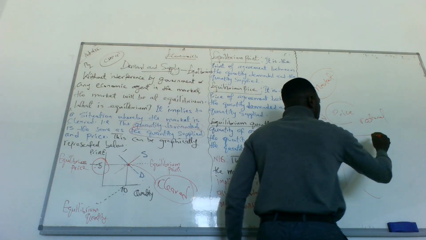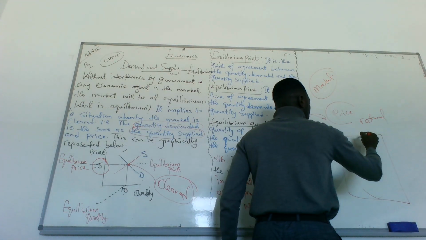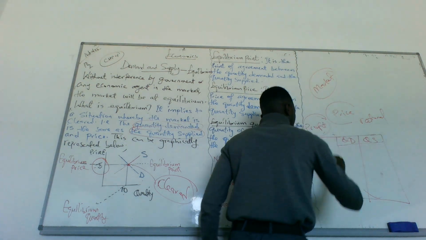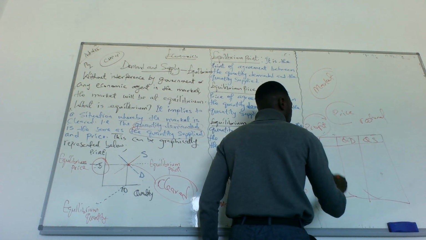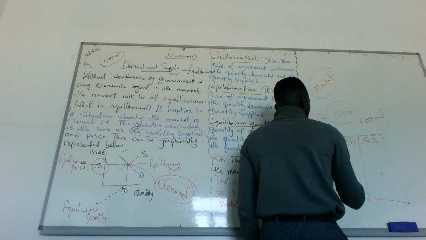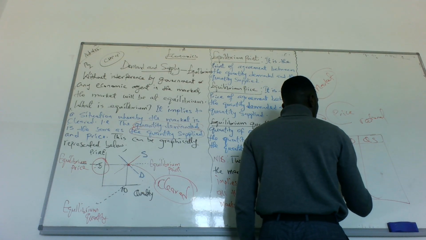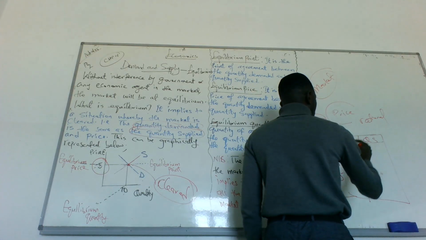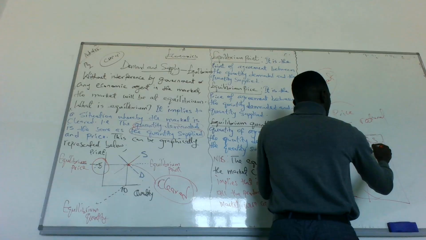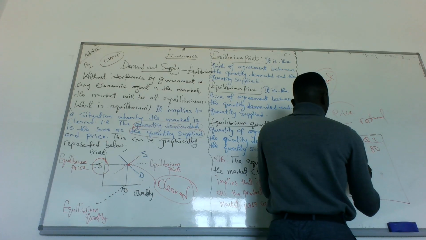So we have the quantity demanded and the quantity supplied. We're going to use the law of demand and the law of supply. Let's say we have prices 5, 10, 15. Quantity demanded at 5, let's say 100. Here, let's say 80.